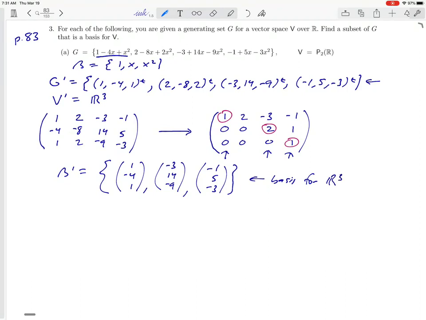Again, that's a basis for R3 that just happens to be a subset of the set G prime from above.